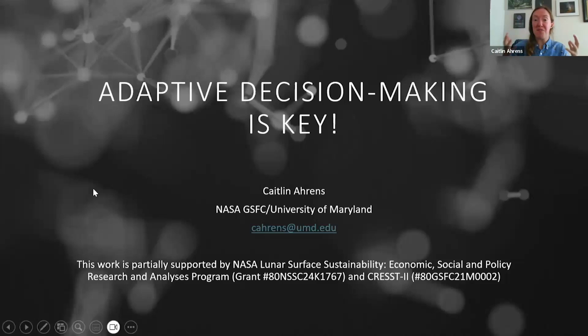So adaptive decision making is key to getting to the moon, getting back to the moon, and developing on the moon, whether that's technology, economics, ethics, space law, or space policy. All of these things are going to have very active decision making. And so all of this is going to have to be communicated in some aspect. So with that, I'm happy to answer questions.